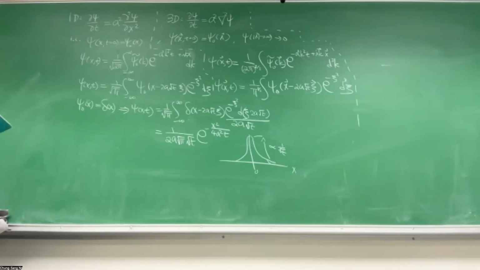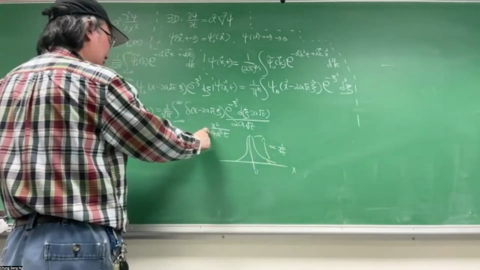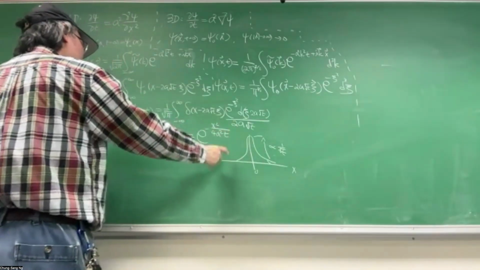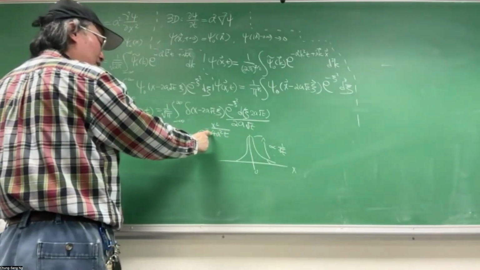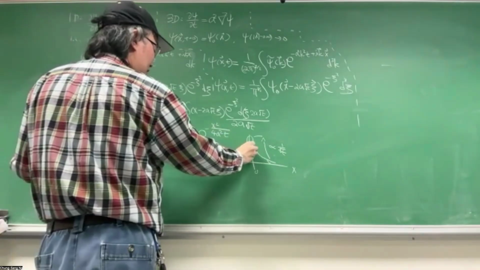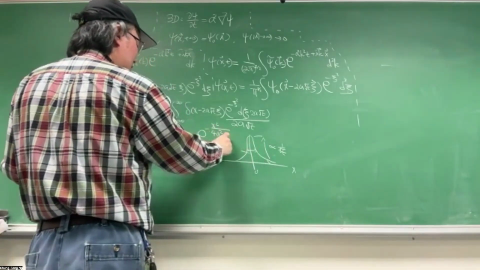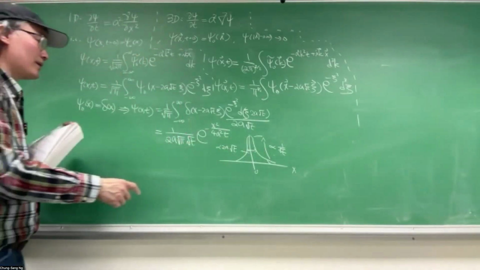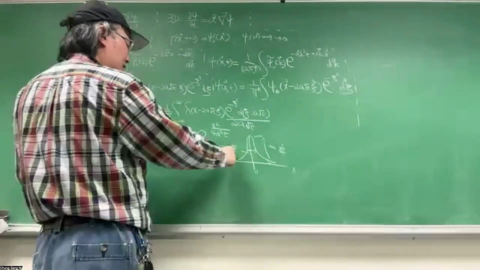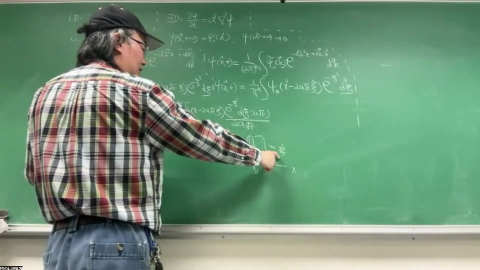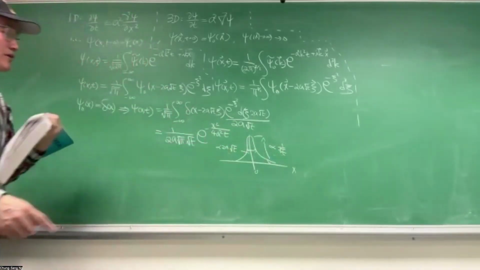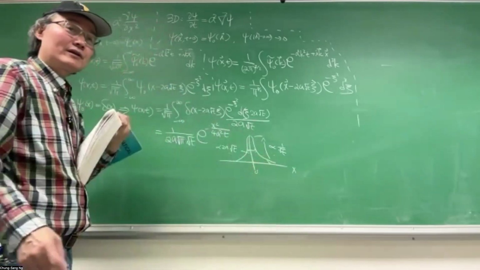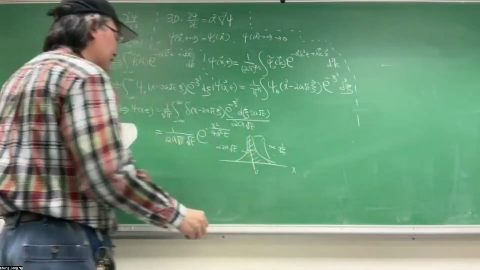Okay, so the height decreases, and the width is given by the square root of the denominator of the Gaussian, which is 2a square root of t, so the width is also proportional to the square root of t. The height is proportional to 1 over square root of t, the width proportional to the square root of t. That's another way to say the area is preserved over all time.